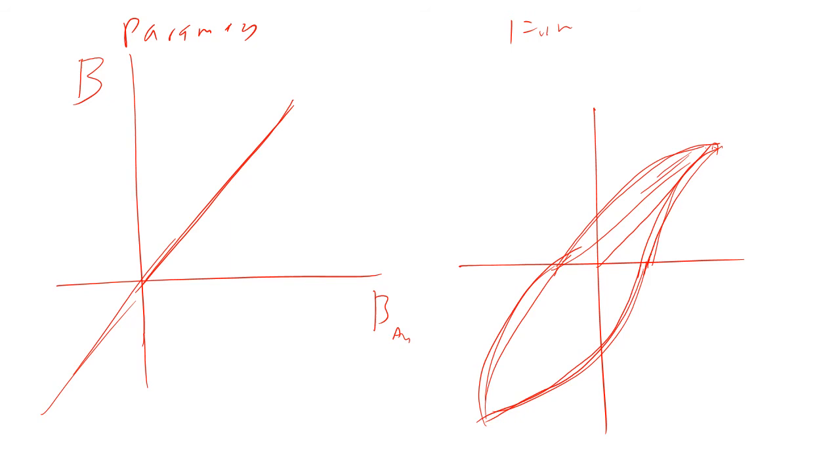Even if the applied magnetic field is 0, you would still have a residual magnetic field left over from what it had been. You would have to reverse this magnetic field in order to bring the magnetic field down to zero. And so we would say that it is a permanent magnet.